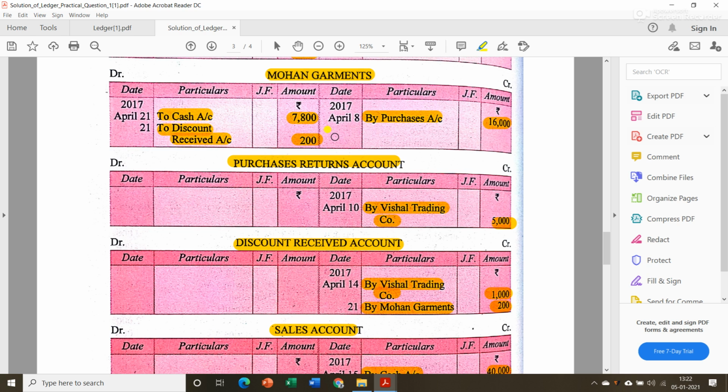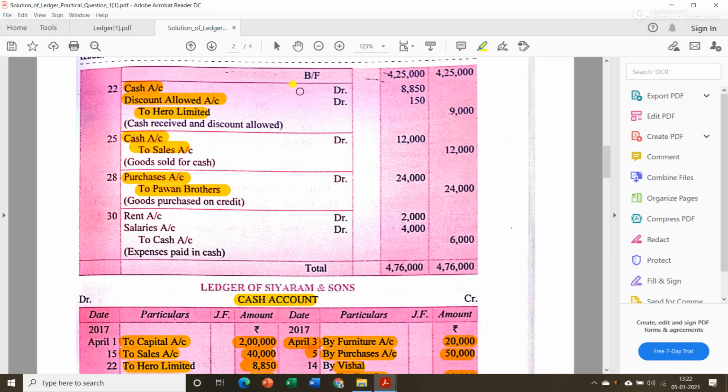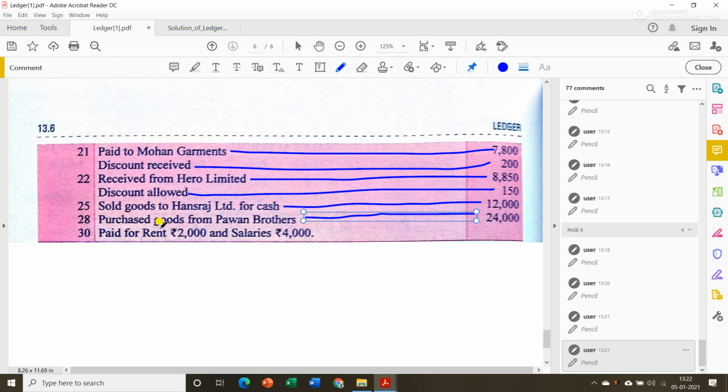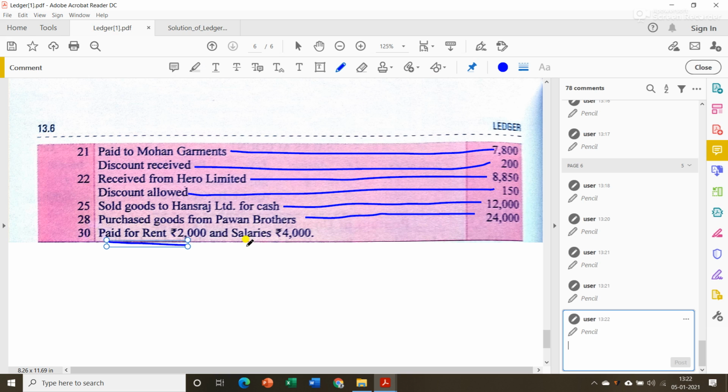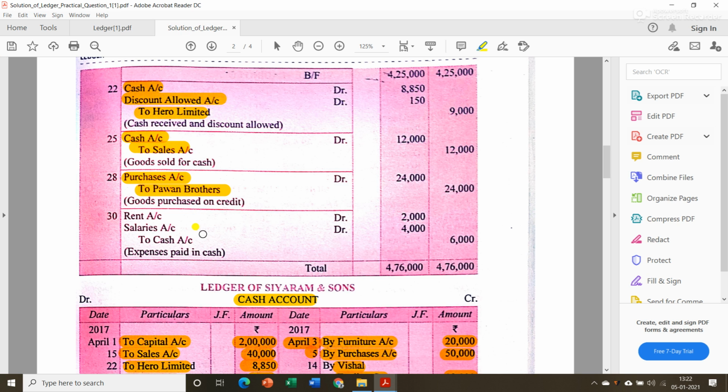I'm not mentioning the dates, but in exam and in practice you have to mention the dates. Okay, then the last entry is paid for rent 2,000 and salaries 4,000. Since both the payments were done on the same date, it is a compound journal entry. So we will debit rent account, salaries account, and cash went out from the business, so cash account will be credited.